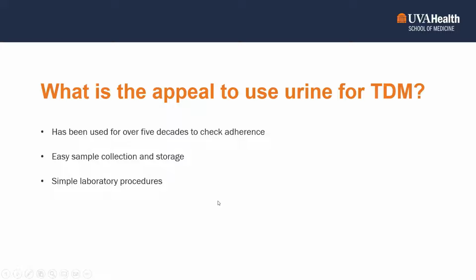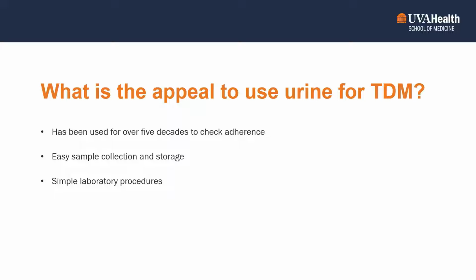So there's minimal pre-processing. It's just making aliquots. We don't have to use the centrifuge. We don't have to do any of that. It's just making aliquots and then freezing. So it's easy sample collection and storage, which is more acceptable in pediatric populations. And the study we did also involves pediatric patients, which I'm going to discuss in a little bit.